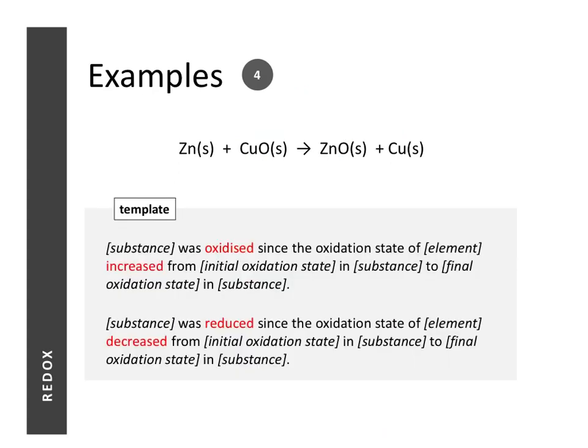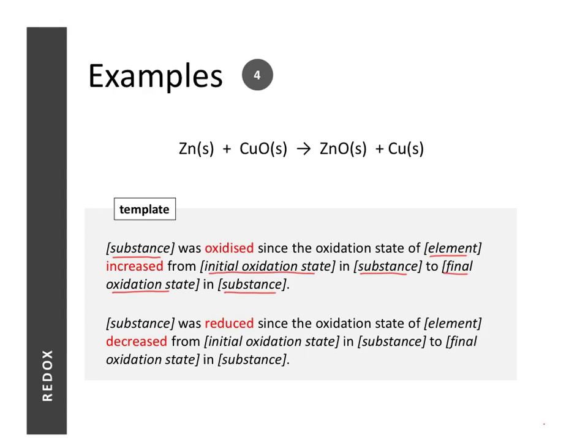So in order to answer questions like this, first you need to write the formula or the name of the substance, the whole substance, remember, and not just the atom or the element that has been oxidized or reduced. Since the oxidation state of the element or the atom that has been oxidized or reduced has changed from the initial oxidation state in what substance to the final oxidation state in what substance.